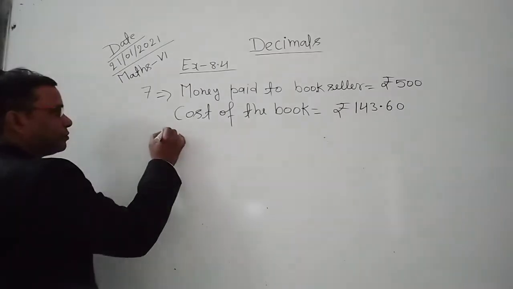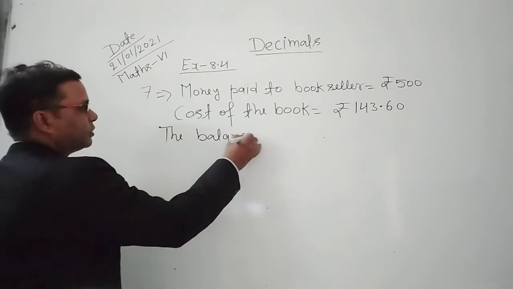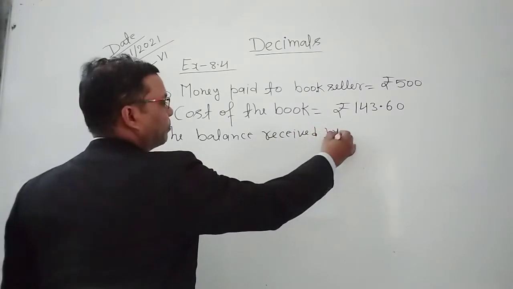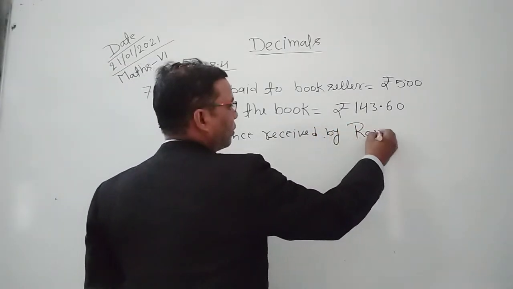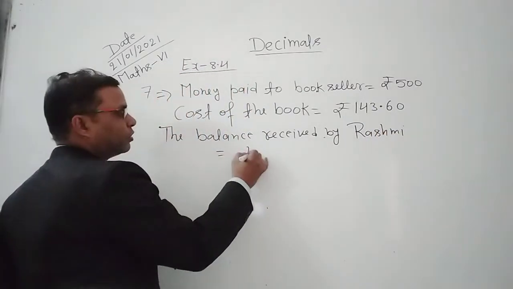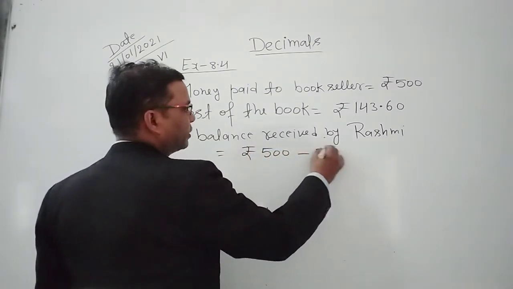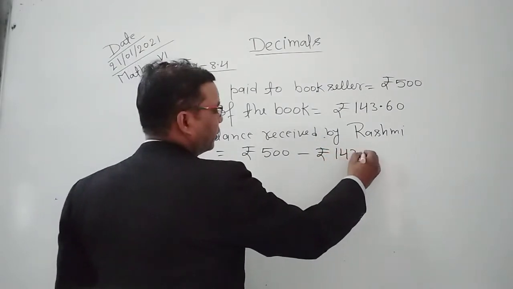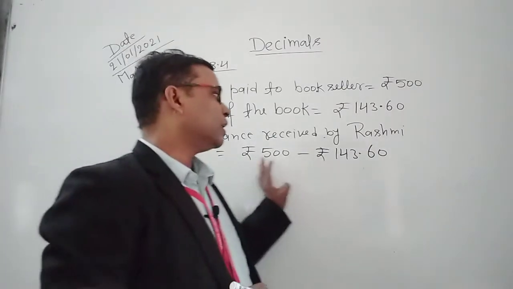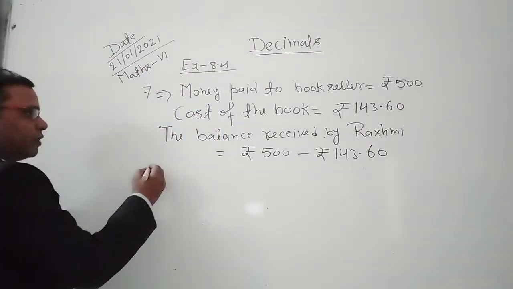We write here: the balance received by Rashmi is equal to rupees 500 minus rupees 143.60. This is clear. If you are able to subtract such numbers, you can use the horizontal or vertical methods.